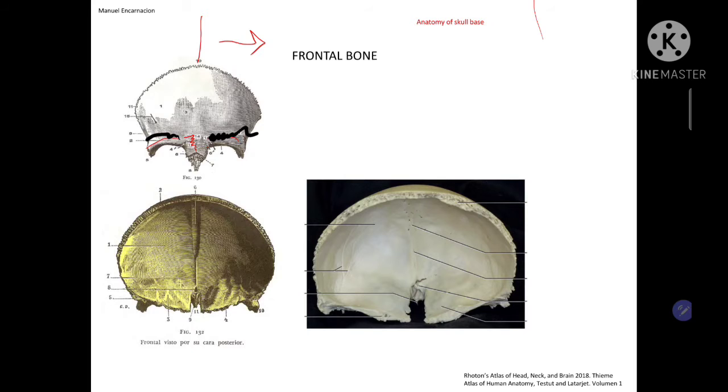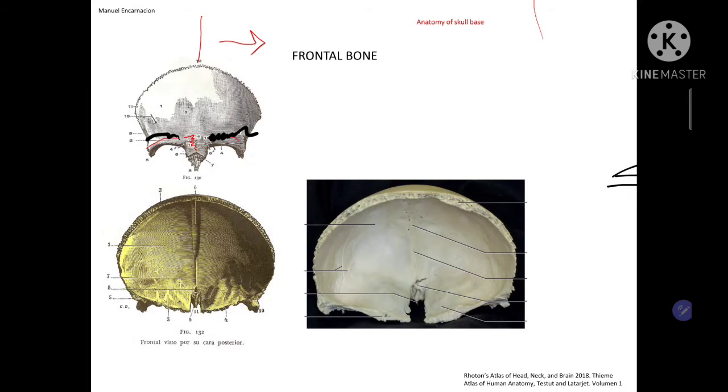Okay, but what happened here? In the superciliary arc, we're going to have the supraorbital notch, or sometimes we have a foramen, the supraorbital foramen.